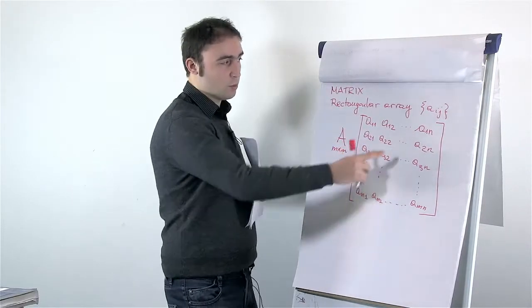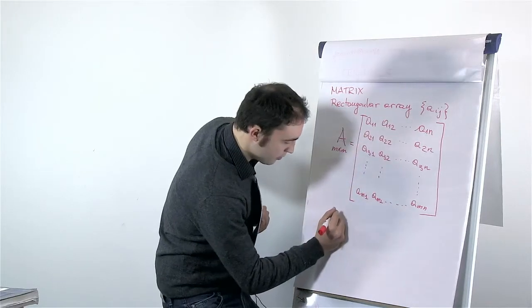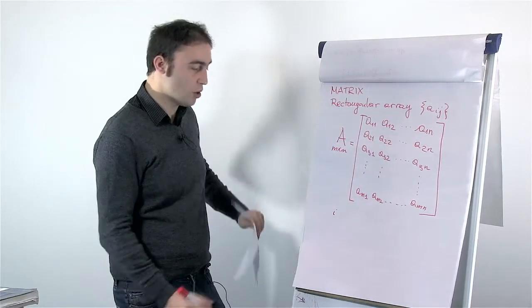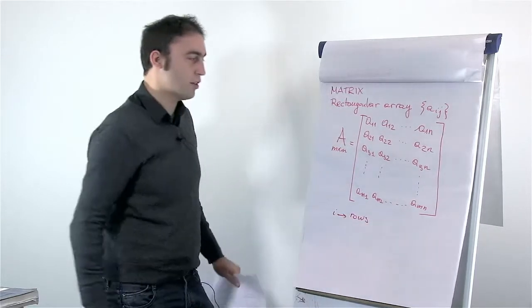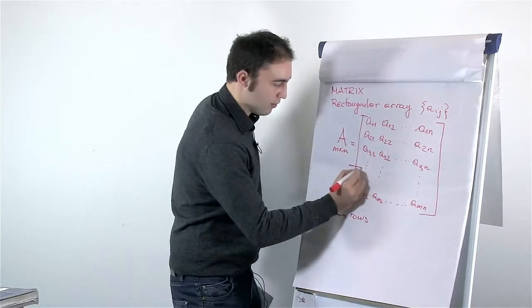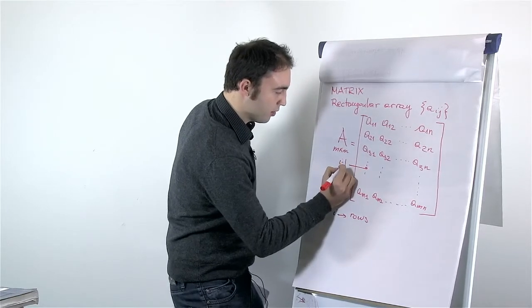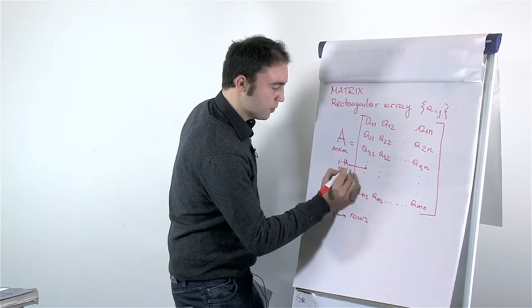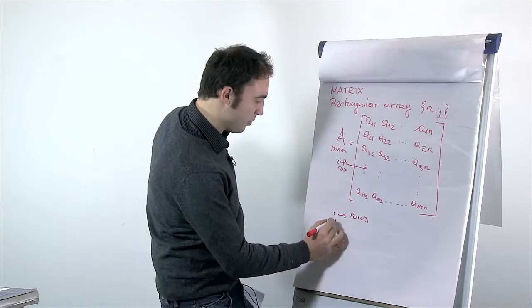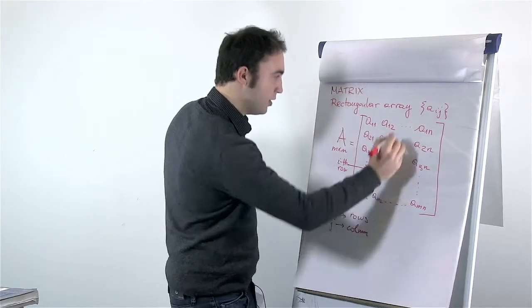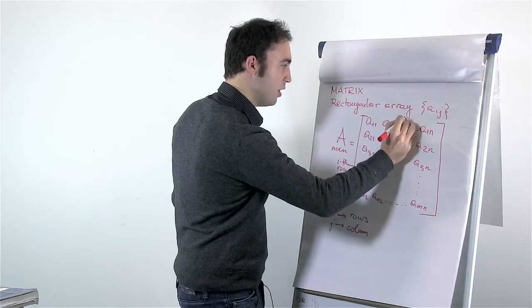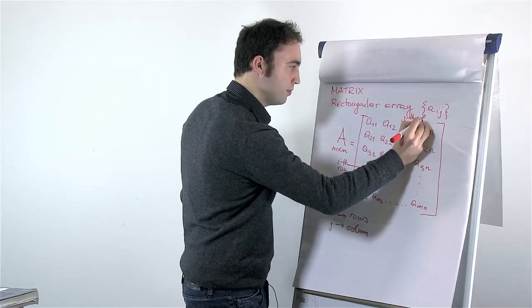Usually we indicate the rows with i, so here we have the ith row. The generic column is called j, and here we can have the jth column.